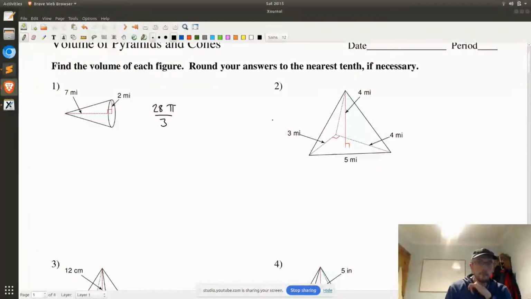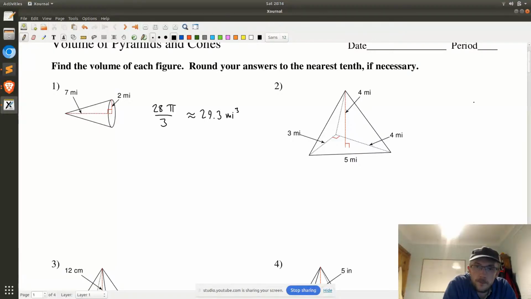And we get 29.3 cubic miles. And here, 3, 4, 5 triangle. So the area of the base is 6. And so that has to be multiplied by 4 and then divided by 3. 6 times 4 is 24 divided by 3 gives us 8 cubic miles.